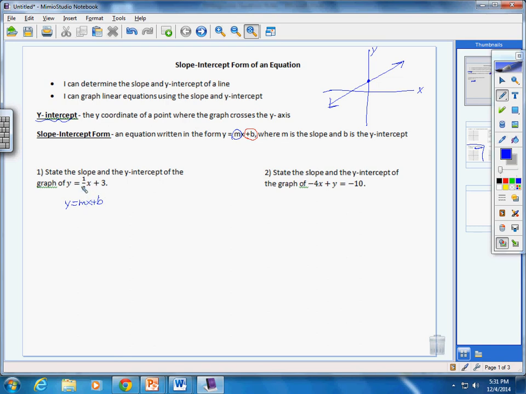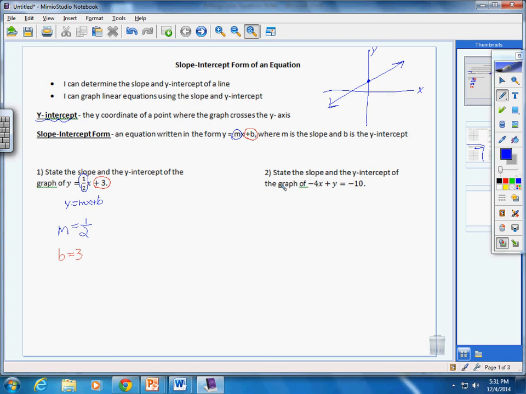What is in place of m is this guy right here, 1/2. So your slope equals 1/2. Remember, we write slope as m. And very simply, what is in the spot of b? A positive 3. So b equals 3. You answered the question. We stated our slope. We stated our y-intercept. This one was easy because it's already in slope-intercept form.